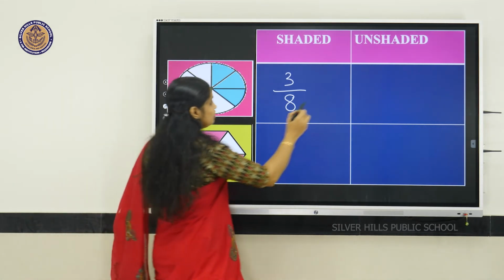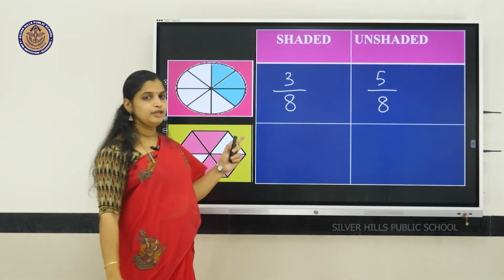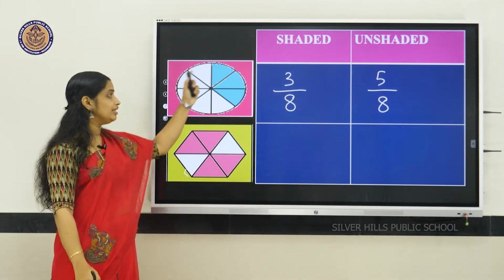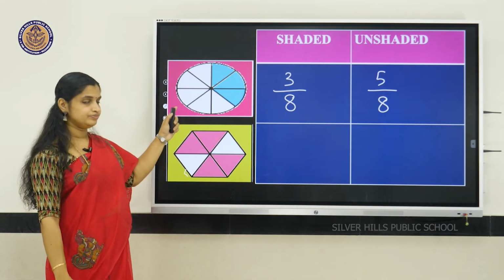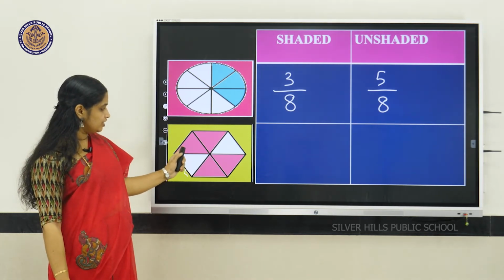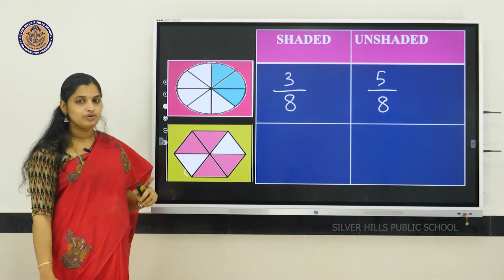So we can write 5 by 8. So when we combine 3 by 8 and 5 by 8, that means shaded and unshaded, we'll get the whole figure.